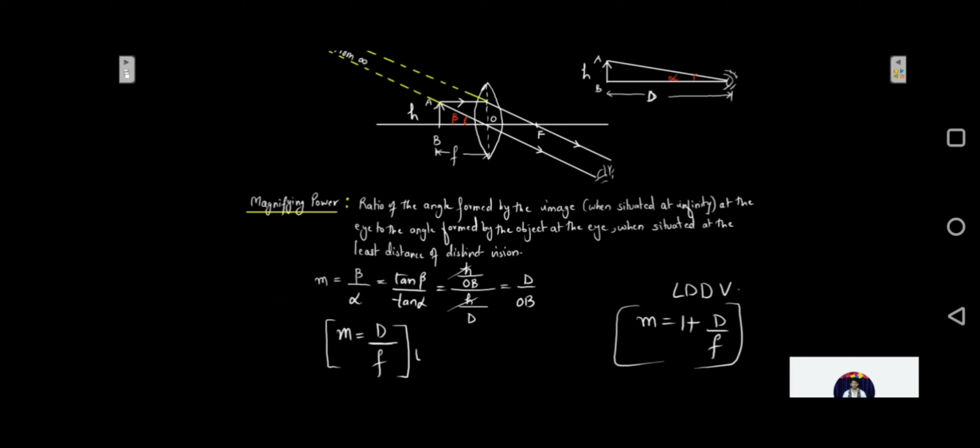The magnification in the previous case will be more because it is 1 plus D upon F and this is just D upon F. So magnification here will be less, but this is going to be more comfortable when the image is formed at infinity.